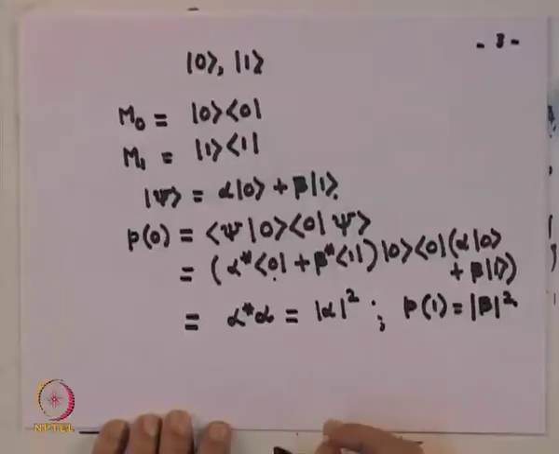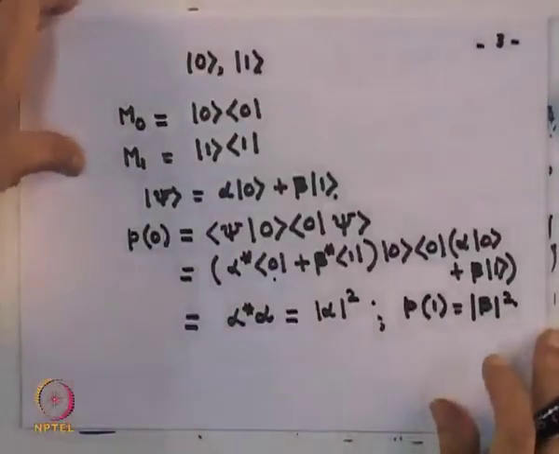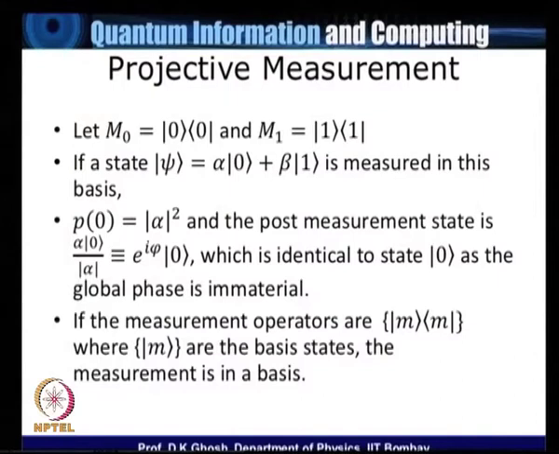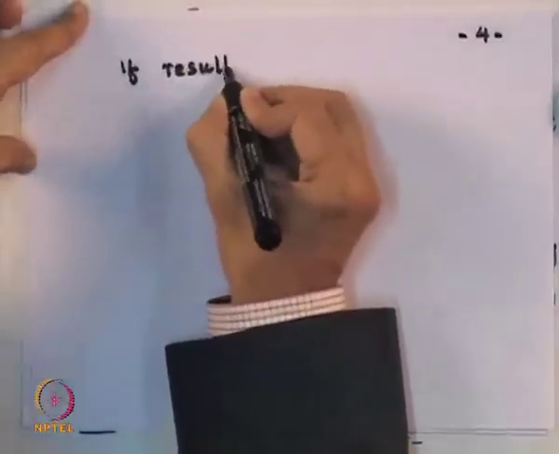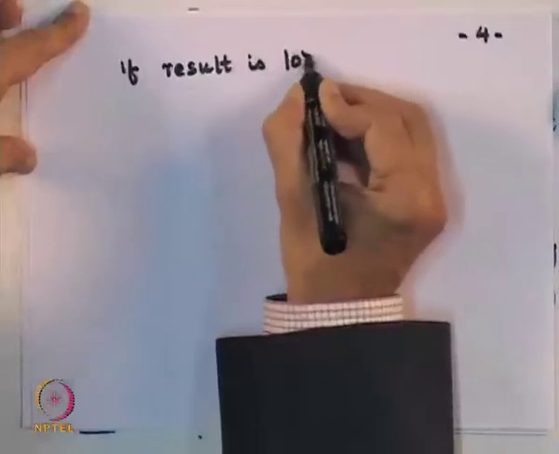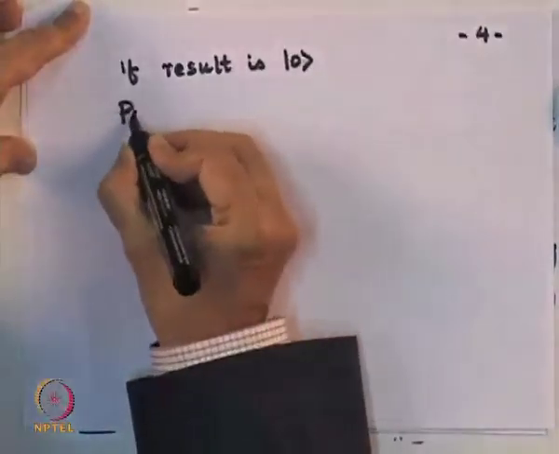Now suppose the result of the measurement happens to be 0. In that case, if the result is 0, then what is the post measurement state?